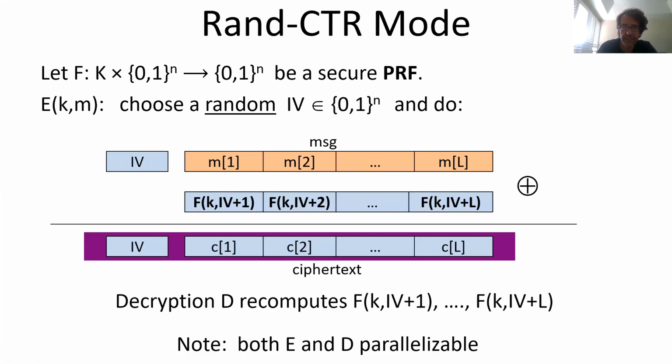So I definitely have the same Q squared in the bound because that's the probability that there is a collision between IVs. But now it's multiplied by L, because if you think about this, it's all about what's the probability that this range of L consecutive numbers intersects with some other.